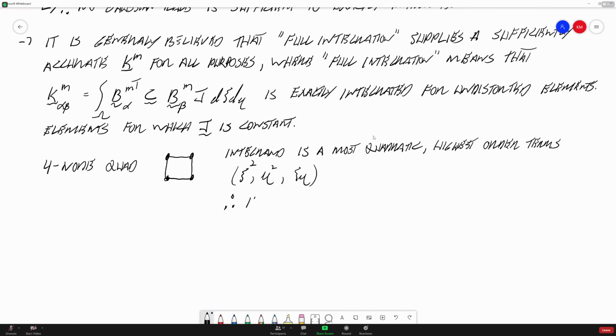Therefore, full integration is achieved with a 2x2 Gaussian rule.